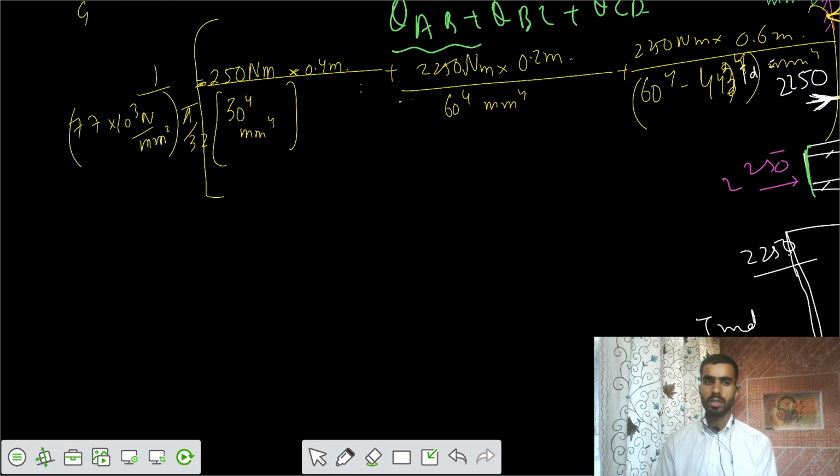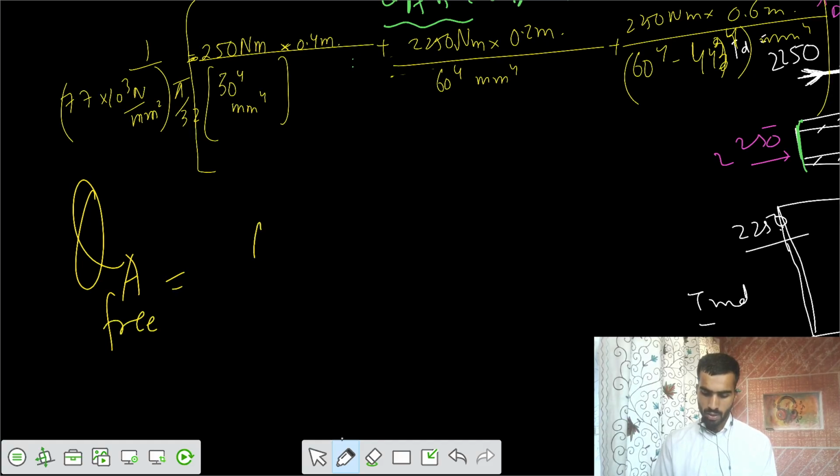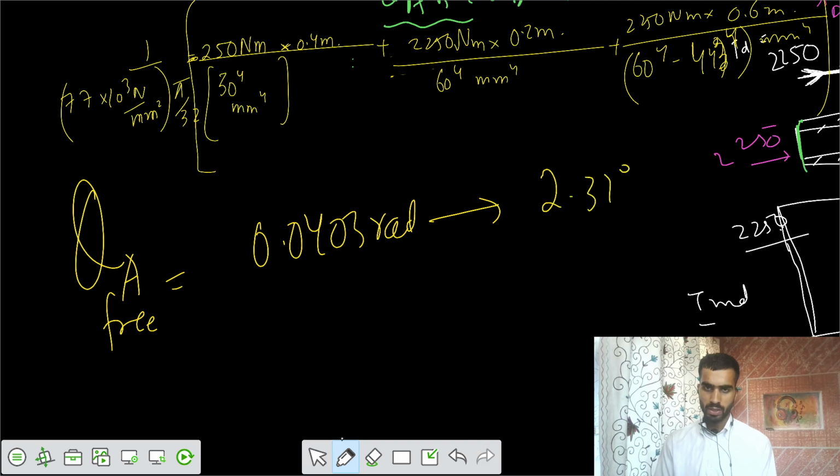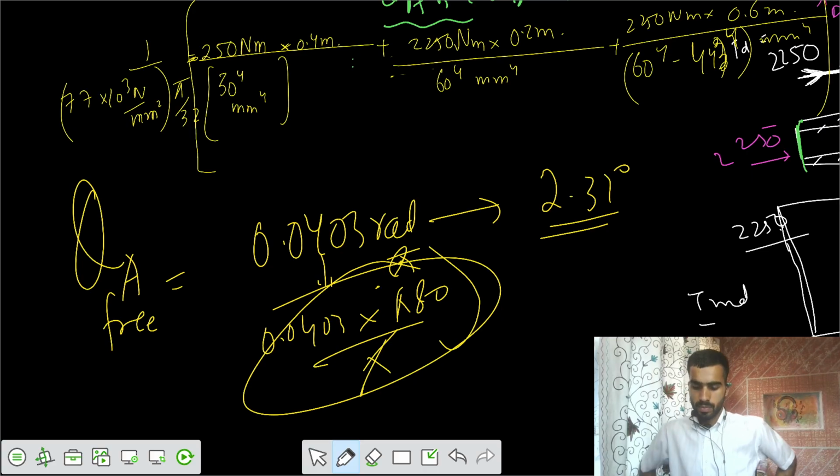So you get this equation, and you can finally have the value of theta at free end, that is equal to 0.0403 radian, and if you convert it into degrees, you get a value of 2.31 degrees. That's in this way, 0.0403 into 180 divided by pi. So you got this one.